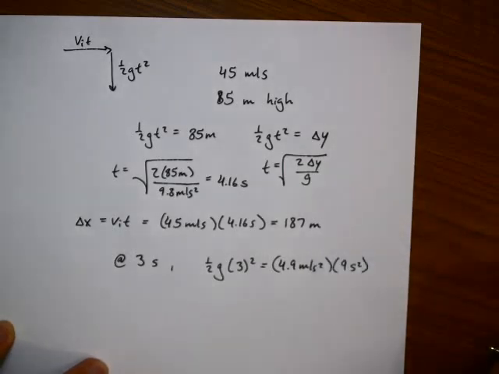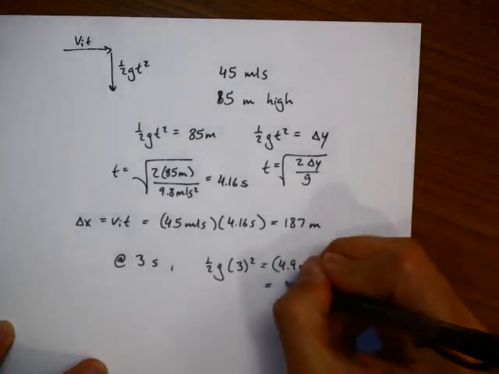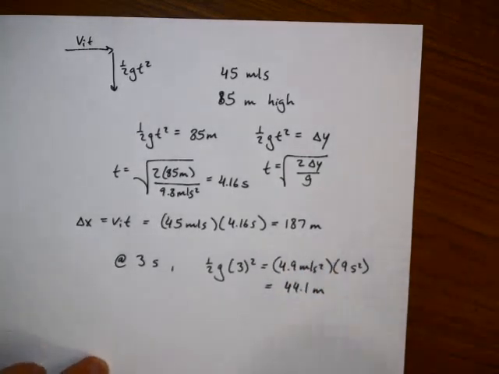And 4.9 times 9 is 44.1 meters approximately. So at 3 seconds it's fallen 44.1 meters.